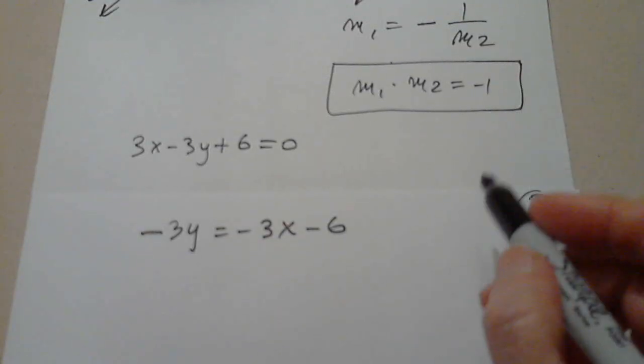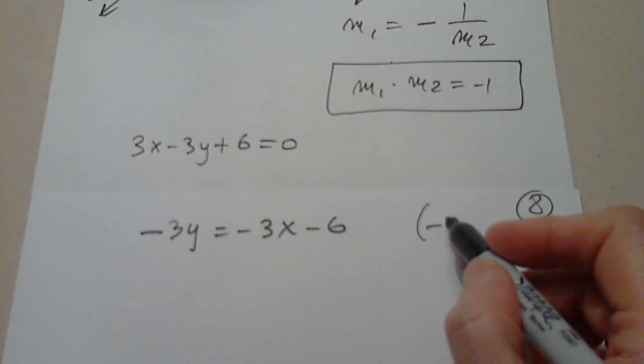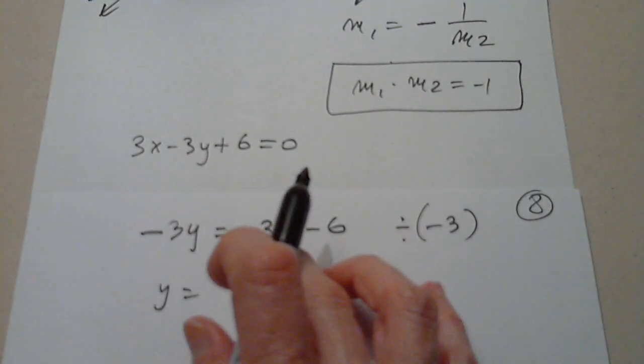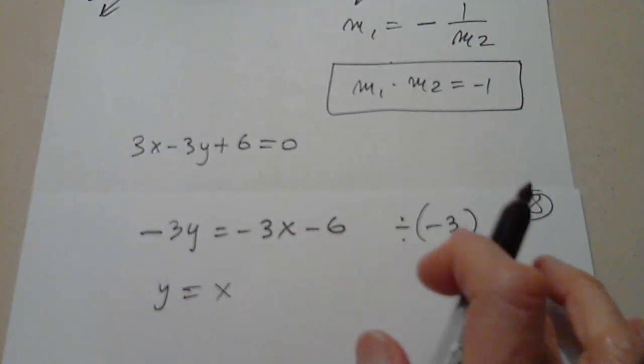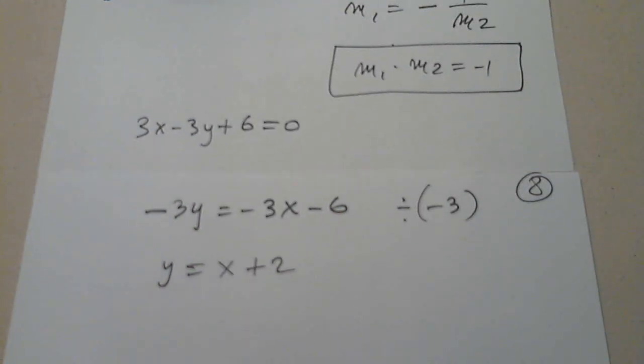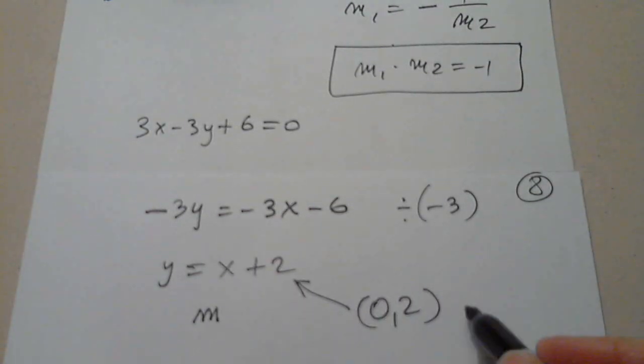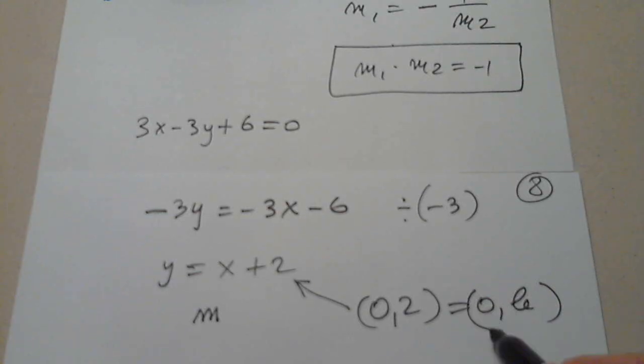Divide by -3. Indeed, we divide by -3. This by -3 is y, this by -3 is x, this by -3 is +2. The number in front of x is the slope, and this one is always 0, 2, which is 0, b. And the slope would be, what number do we have in front of x? 1.